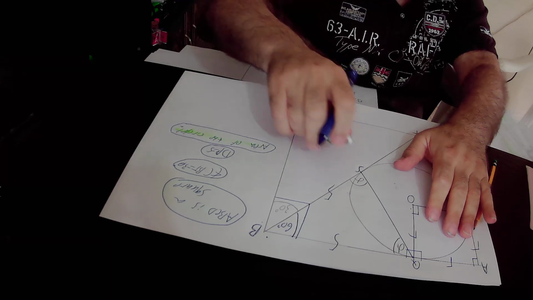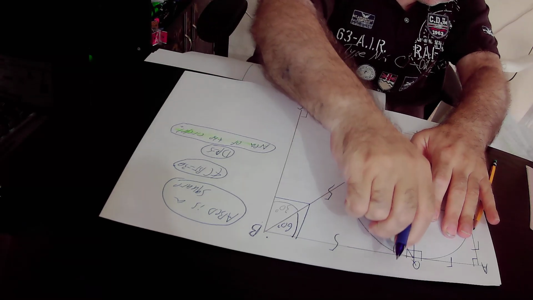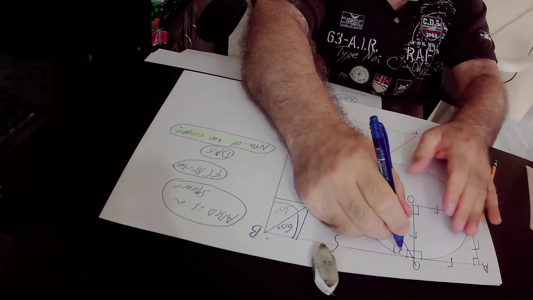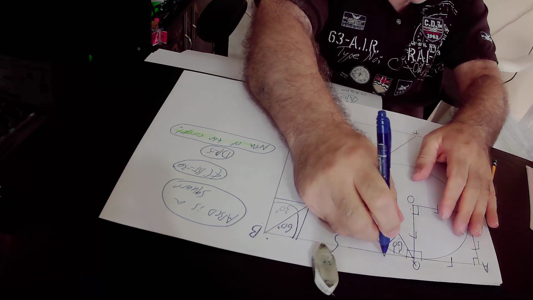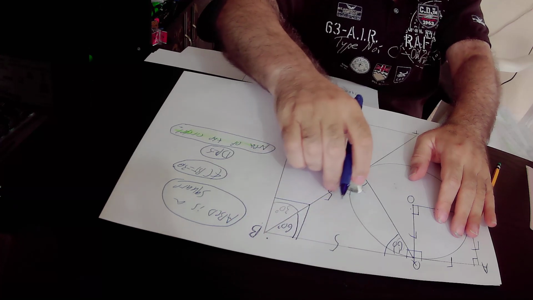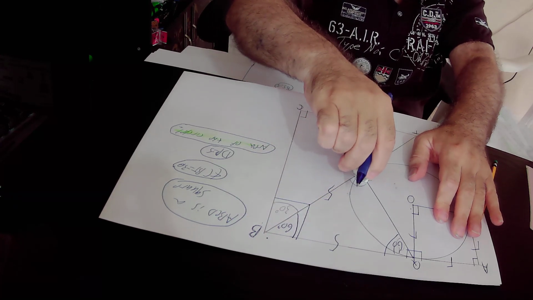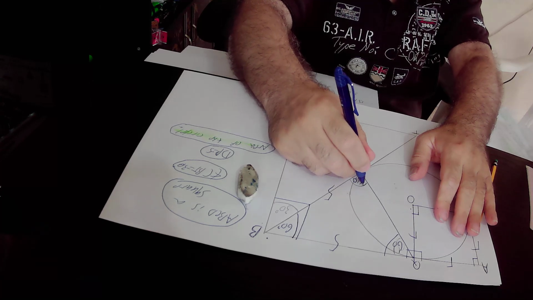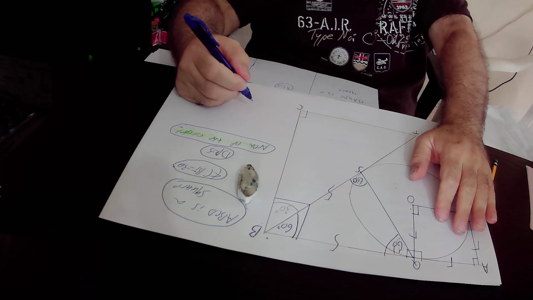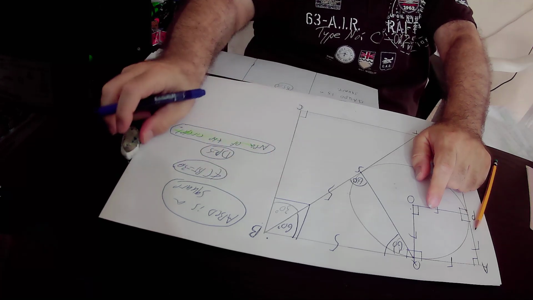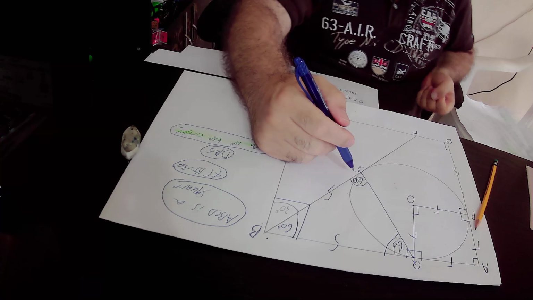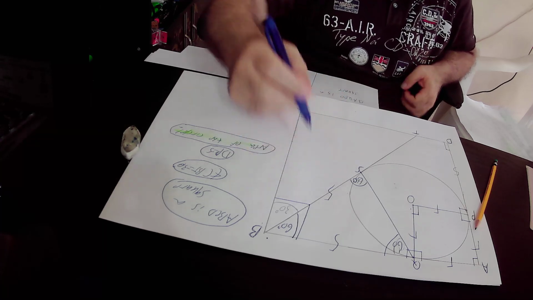Now this is angle alpha, it is equal to 60 degrees. This is also angle alpha, that is equal to 60 degrees. So actually we found out that inside triangle QBS all the angles are equal to 60 degrees.